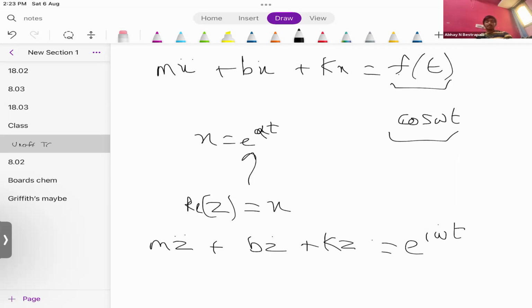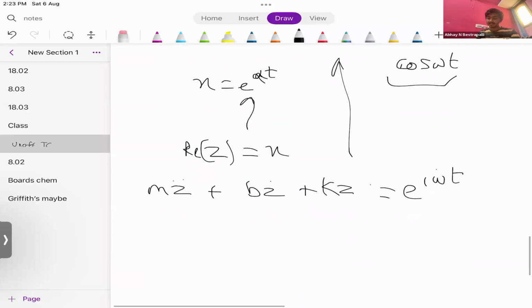We can put e to the i omega t on this side because its real part is cos omega t, and the real part of z is x. So the real part of this equation is nothing but the equation we want to solve, but this one is simpler to solve. Using complex numbers makes this easier because exponentials simplify really easily when it comes to differentiation.